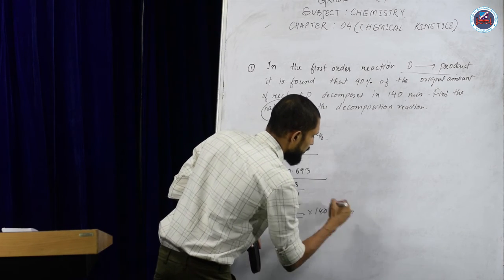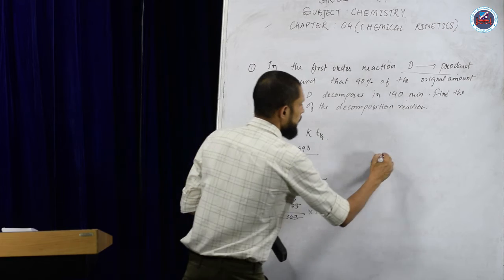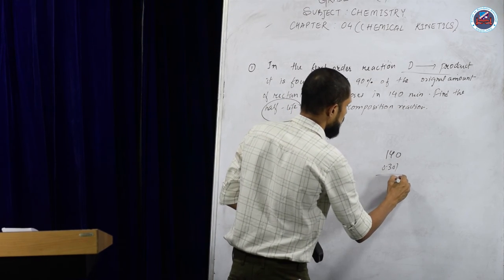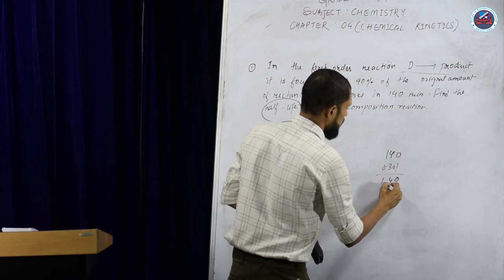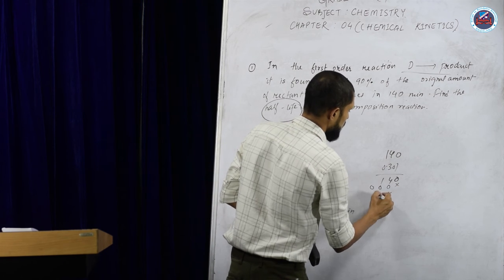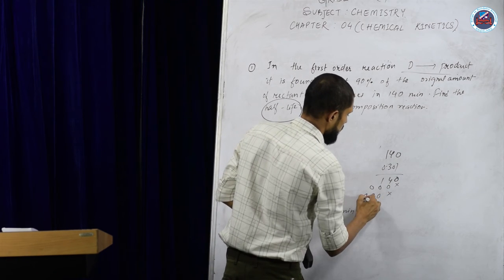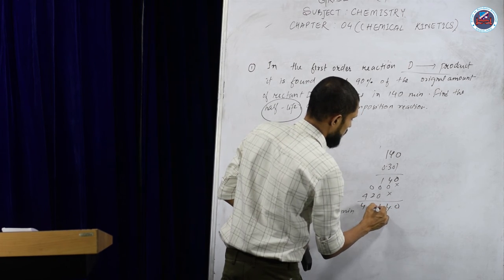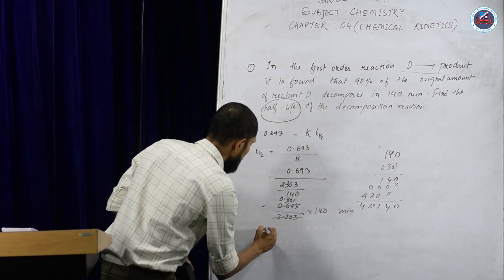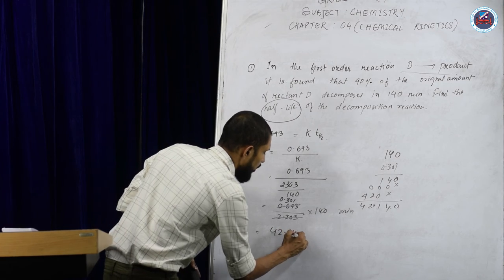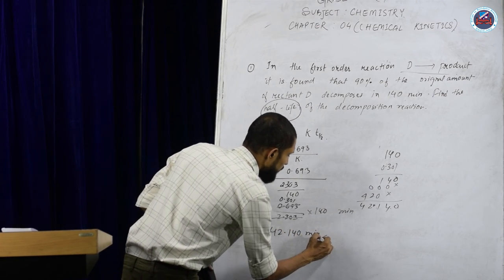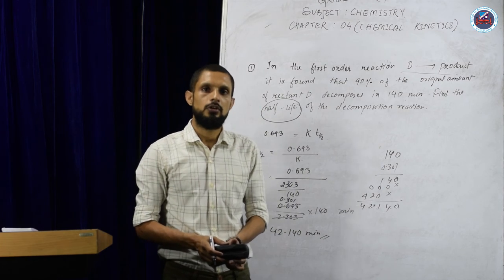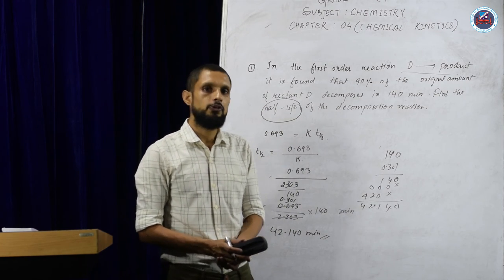Unit of half-life here is minute. So 140 multiplied by 0.301. So the half-life time is 42.140 minutes.